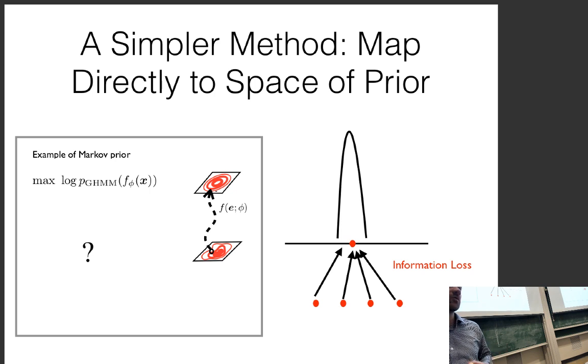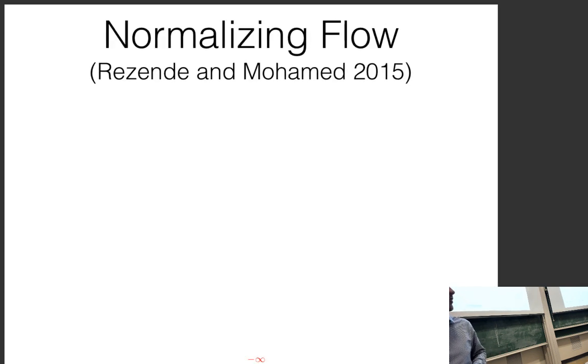This is not a solution to our problem here. So what we would like to do instead is we'd like to use a method called normalizing flow. And this is a general method that allows you to map between two probability distributions in a way that's still well-founded.